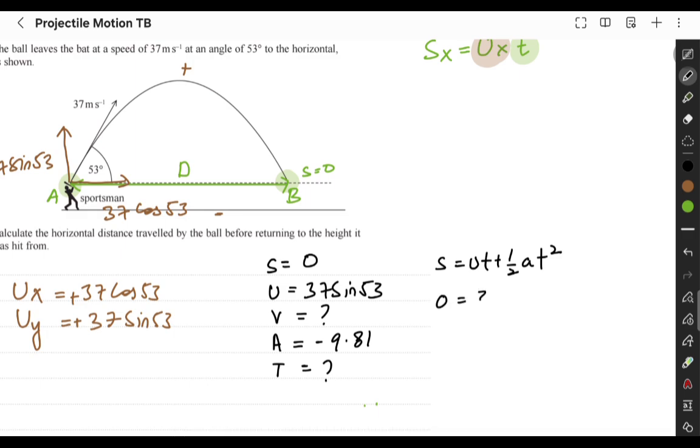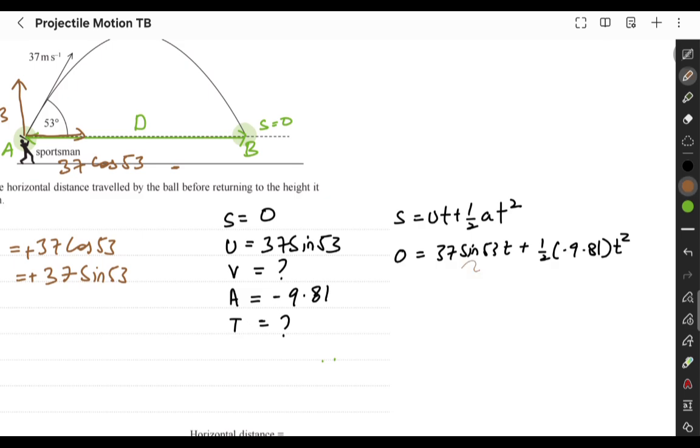Displacement is 0. u is going to be 37 sine 53, t plus half minus 9.81, and then t squared. Now what I can do is factor the t out. So I'm going to have 37 sine 53 plus half minus 9.81 and then t.